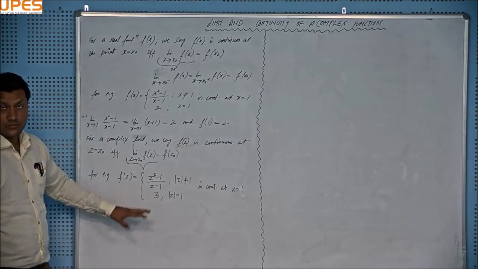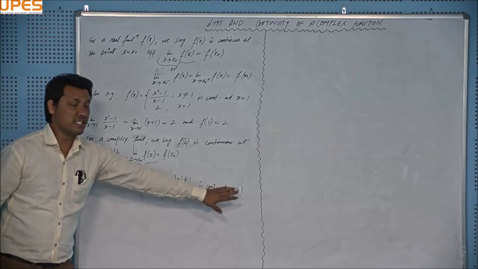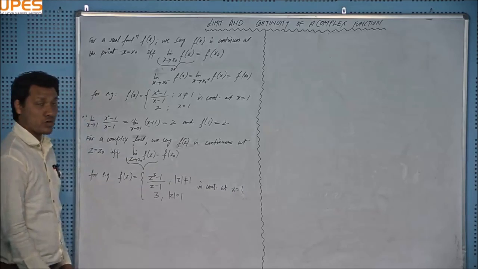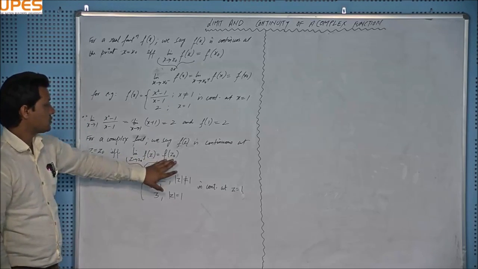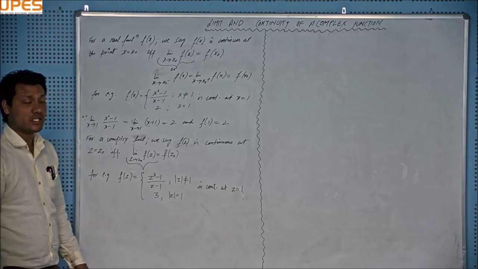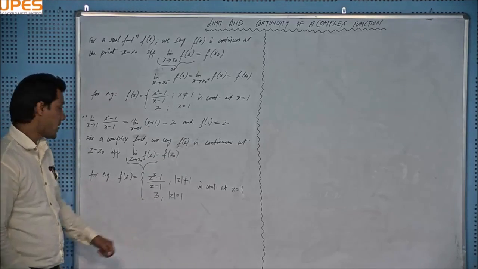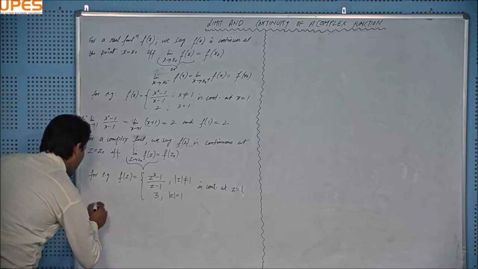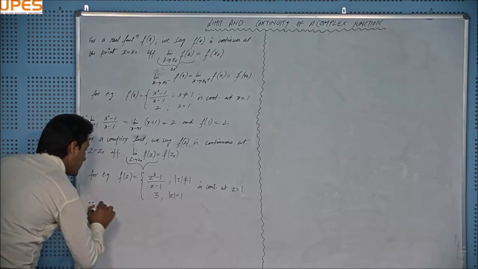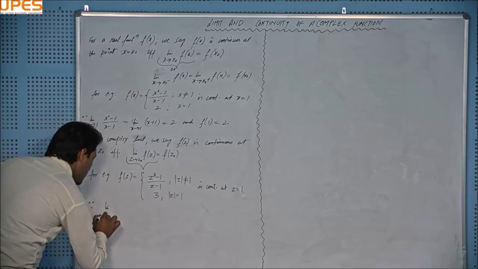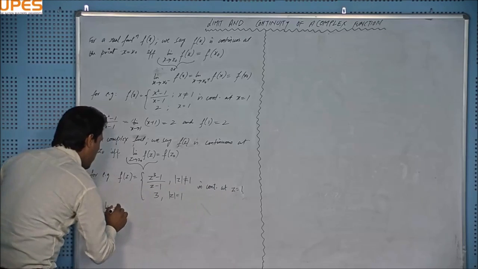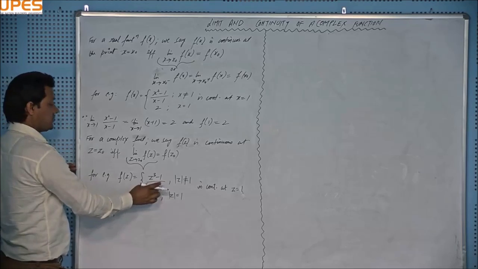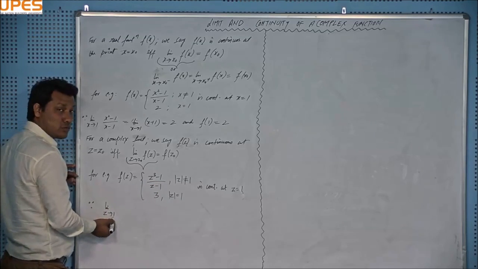This function is a complex valued function, and it is continuous at z equal to 1. Why is it continuous? Because the value of the limiting function is coming out to be equal to the value of the function at z equal to 1. We'll see that. First, the limit as z tends to 1, and obviously you have to use the condition that z is not actually equal to 1.